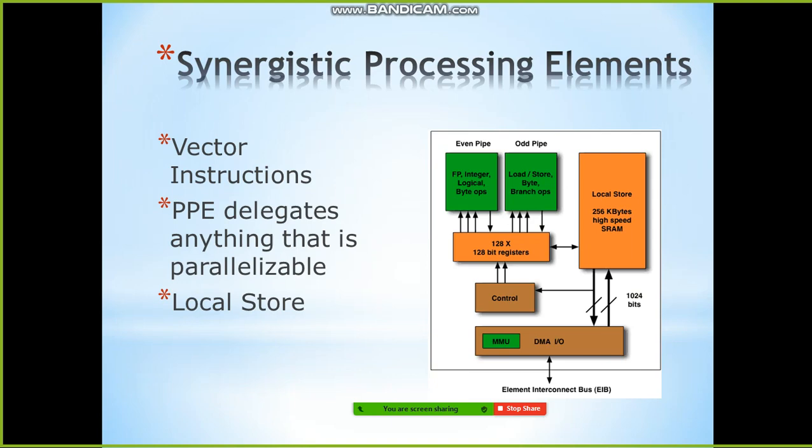It contains an even pipe and an odd pipe. The even pipe has floating point, integer, logical, and byte operations, and the odd pipe has load, store, byte, and branch operations. It also has 128-bit registers and a control unit, and these components are connected to the Element Interconnect Bus, known as EIB.